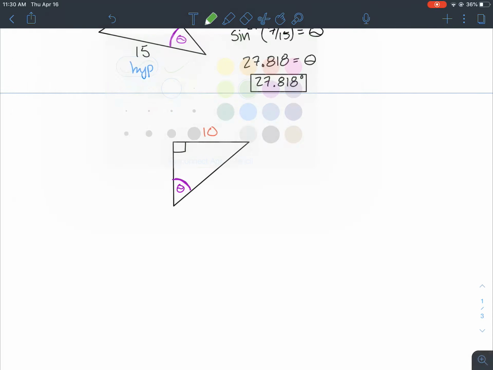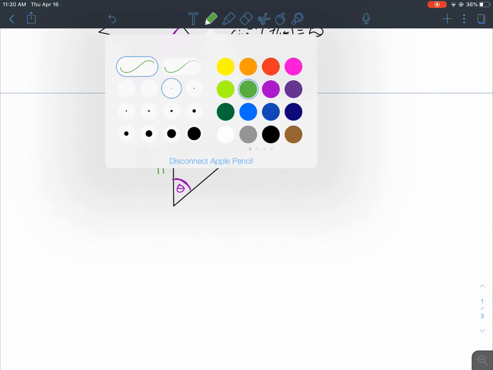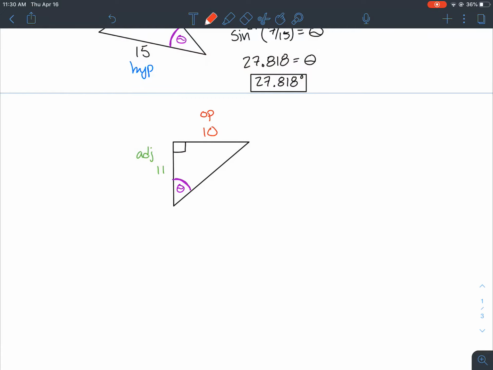And I have another side length here of 11. So I'm looking at using the adjacent and the opposite, which means I'm using tangent. So tangent of theta equals, remember tangent's opposite over adjacent, equals 10 over 11.